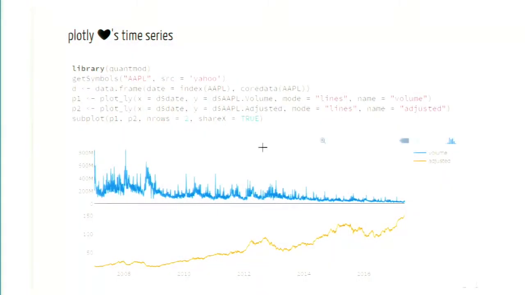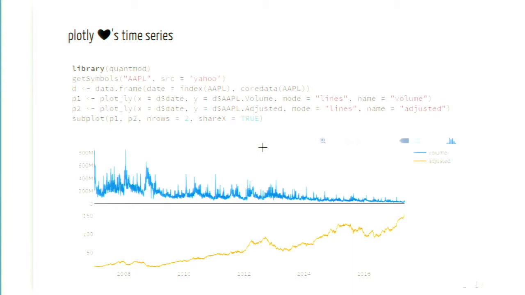If you're not familiar with Plotly's R package, it's an interface to Plotly.js, which is completely free and open source, so the R package itself is completely free and open source. And it's designed to work well with existing R tools. So here's just a mini example of using the QuantMod package to get some financial data and feed that into Plotly.